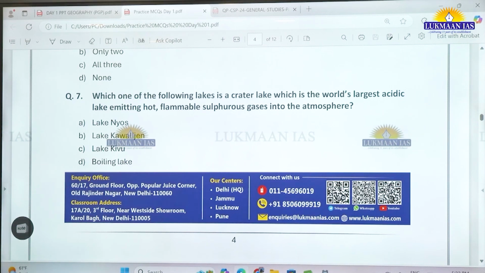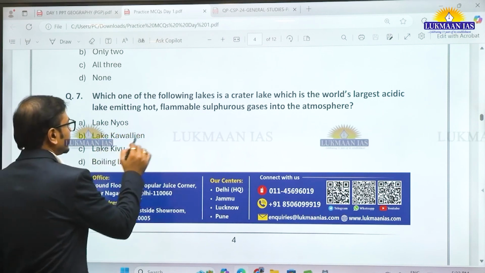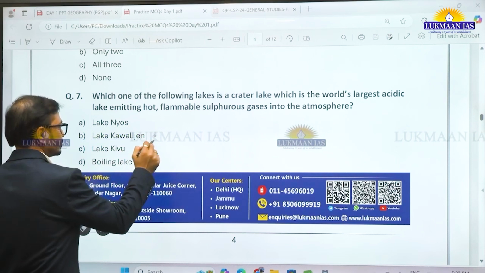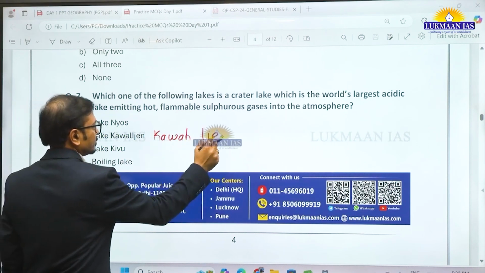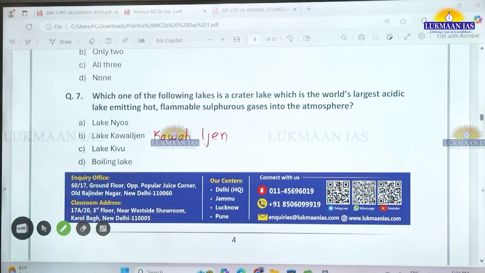It is Lake Kawah Ijen. ठीक है, इसका स्पेलिंग ऐसे है. Okay, it is located in Indonesia.